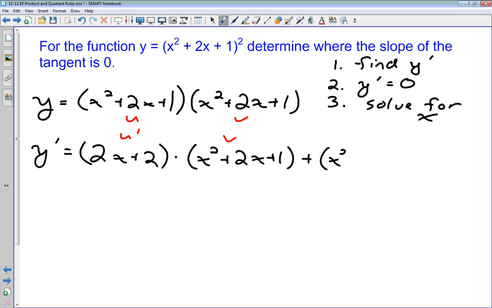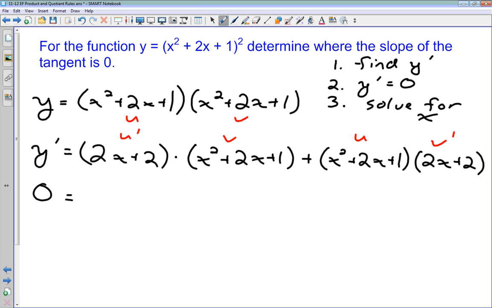So x squared plus 2x plus 1 times the derivative of v, which is 2x plus 2. So u v prime. We want to set this whole thing equal to 0 and try to solve for x.